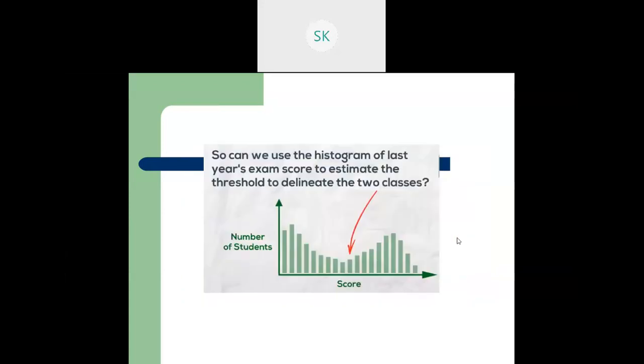So we can use the histogram of last year's exam scores to estimate the threshold to separate the two classes.